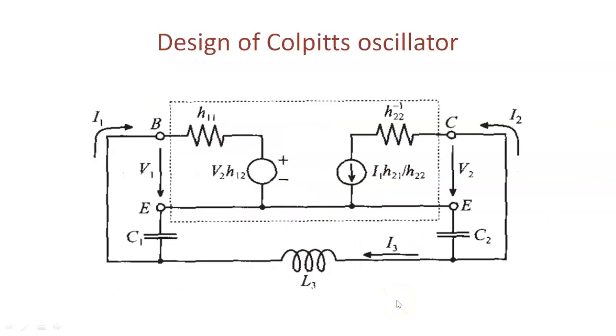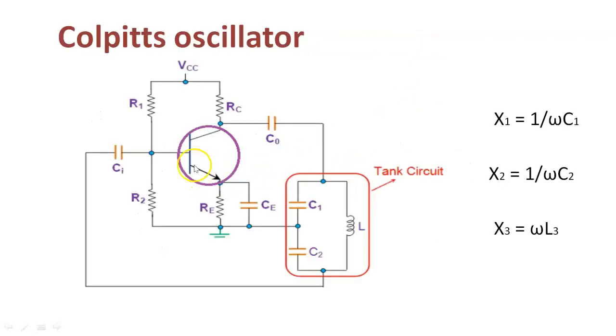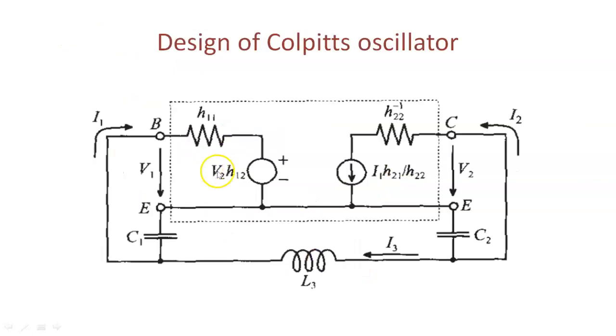Let us see the design steps involved in the Colpitts oscillator. First, we need to replace the transistor by its H parameter model. In this figure, this dotted box is the H parameter model of the transistor.